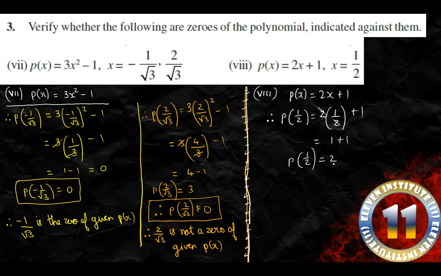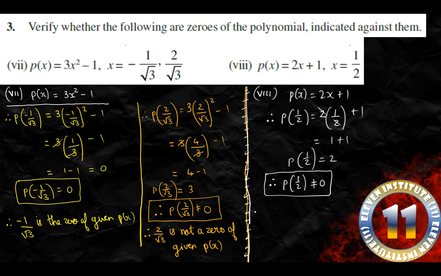So you can see we do not get 0 over here. So therefore we can write P of 1 by 2 is not equal to 0.